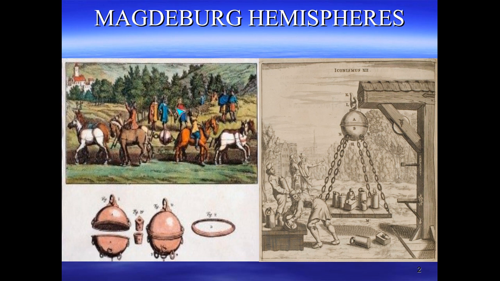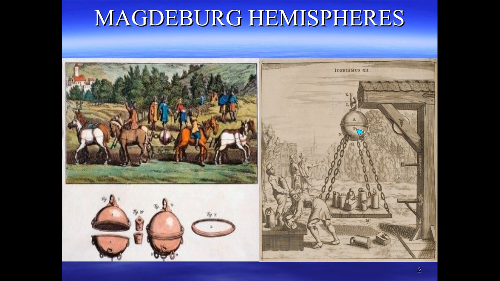Besides, there is a huge air pressure on the surface of the hemispheres, but they don't break, and they don't get deformed. They don't change their form, but they stay closed.